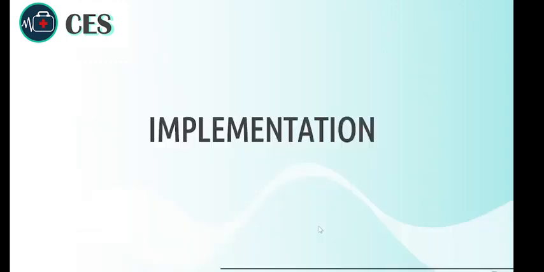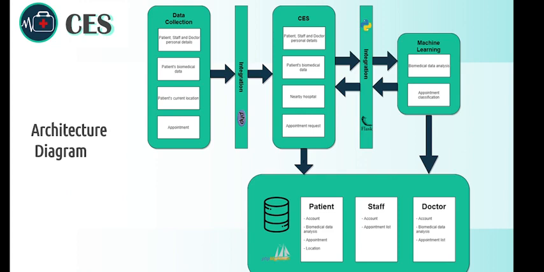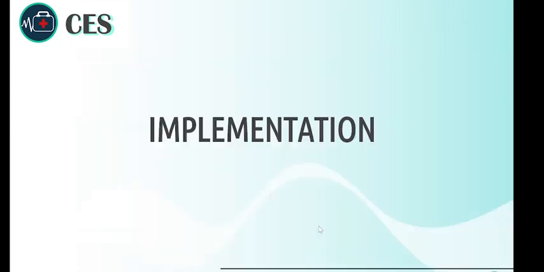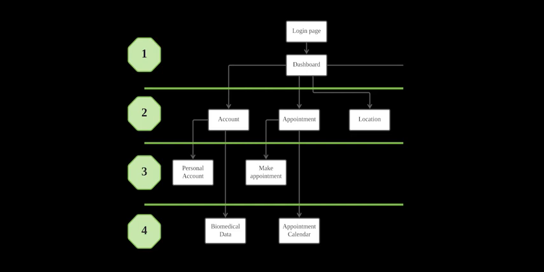according to the role which the patient wants. So for the implementation, this is how it was done in four phases, starting with the login page and dashboard in the early phase, and then each web page in the second phase, which is the account web page, the appointment web page, and the location web page. In the third phase, they are more specific, where the personal account of the user and the make-appointment form and integration are done.